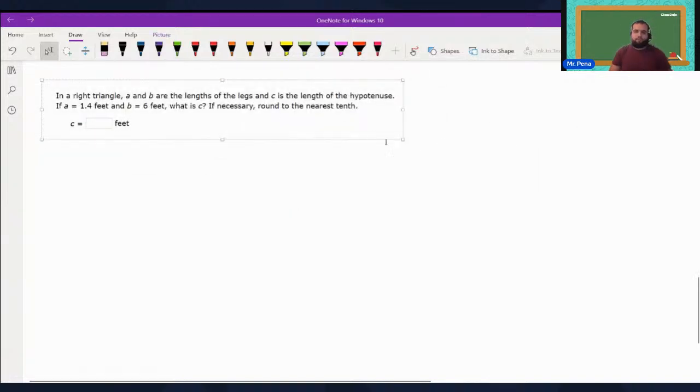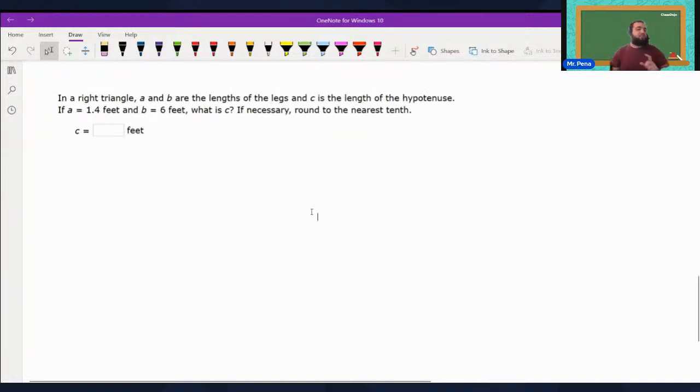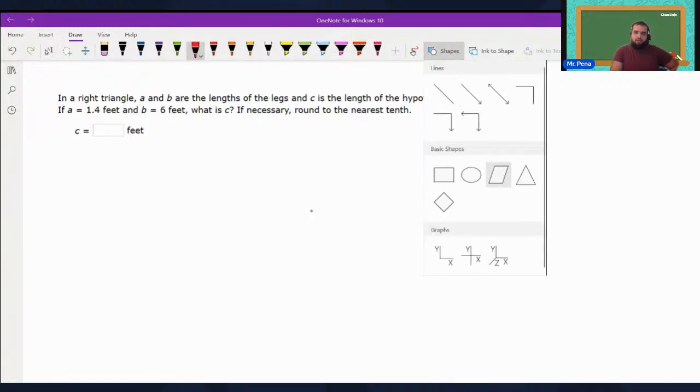It says, in a right triangle, A and B are the lengths of the legs, and C is the length of the hypotenuse. If A equals 1.4 feet and B equals 6 feet, what is C? If necessary, round to the nearest.